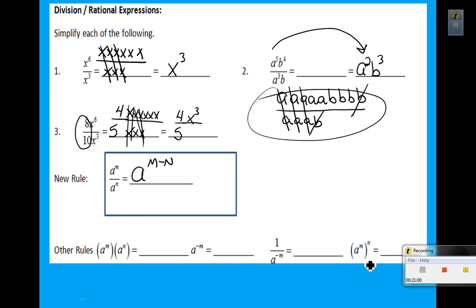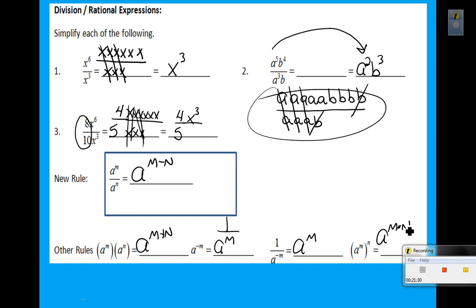Other rules that we still get to use: if you're multiplying, you add your powers. If you got a negative exponent, put it in the denominator. If it's already in the denominator, bring it up. And if you got a power to the power, that's that rule we just did, you multiply those powers. So those are our rules.